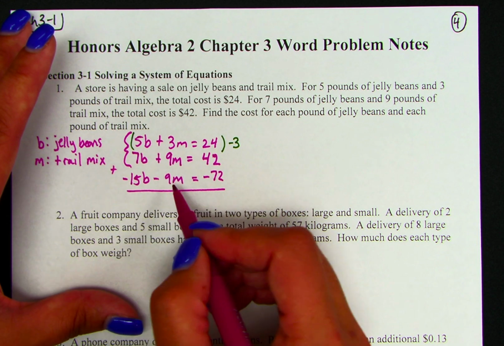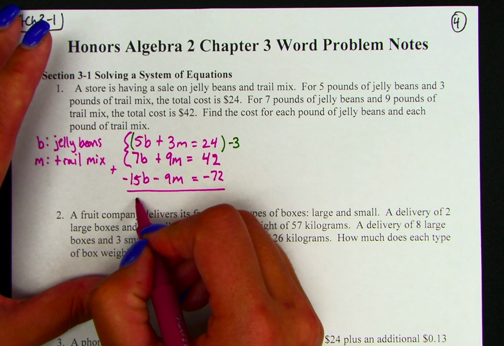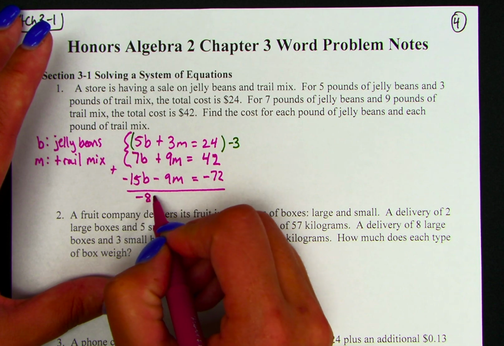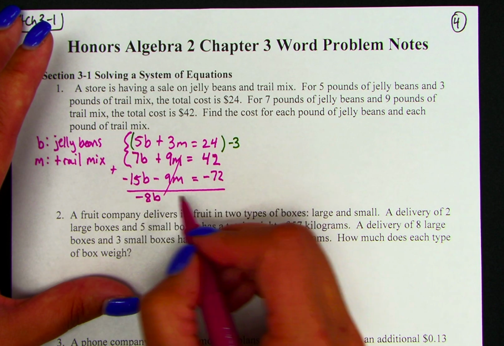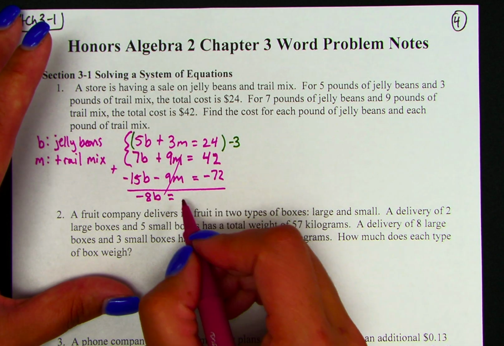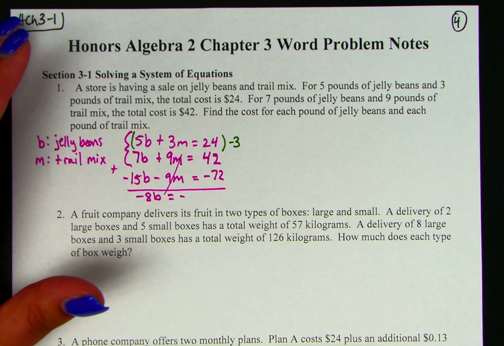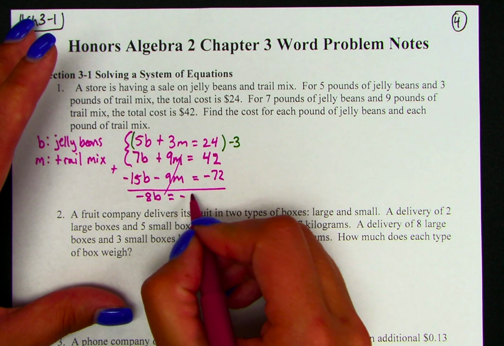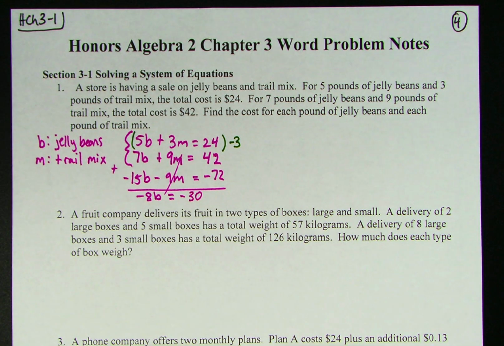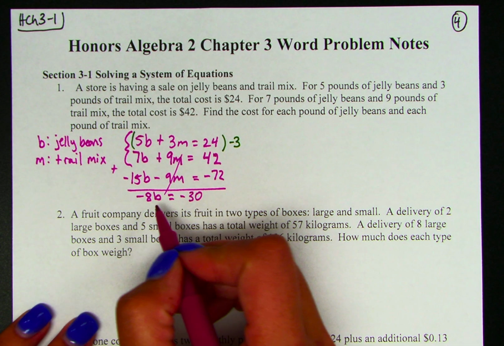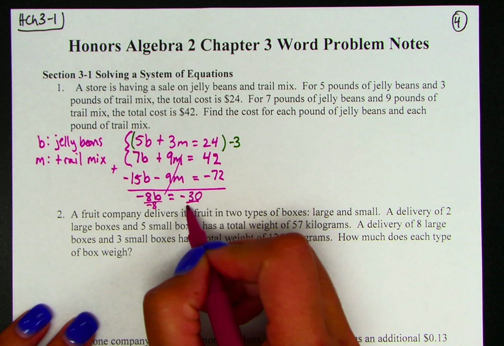All right, so again, if I'm adding, that will give me negative 8b. That cancels. And then that will be negative 30. And then now to get b alone, we have to divide by negative 8.